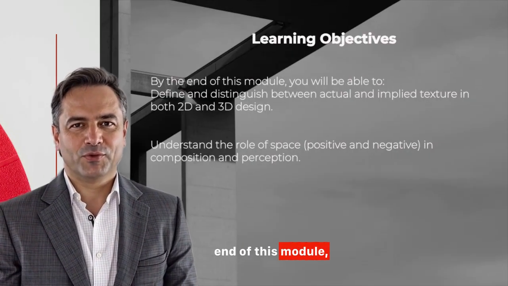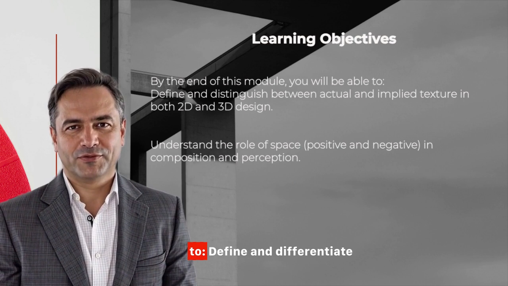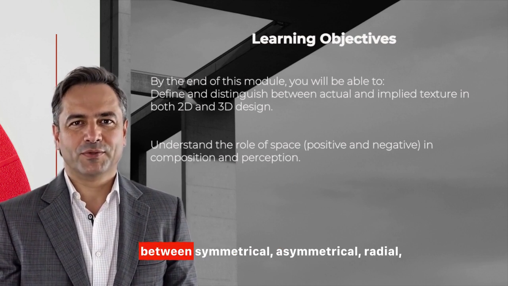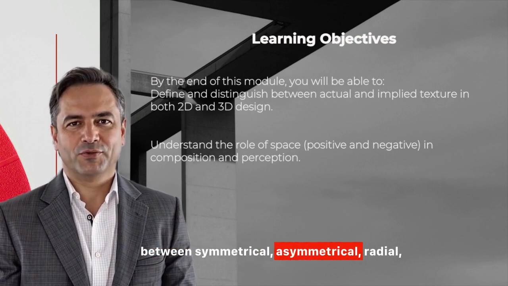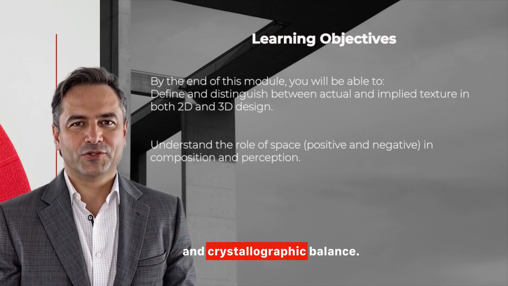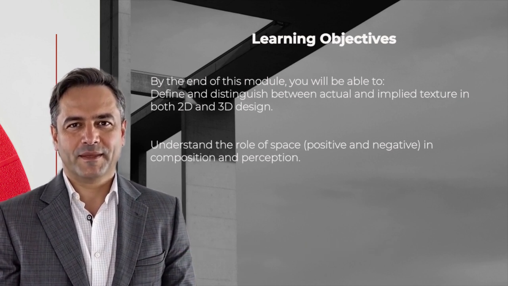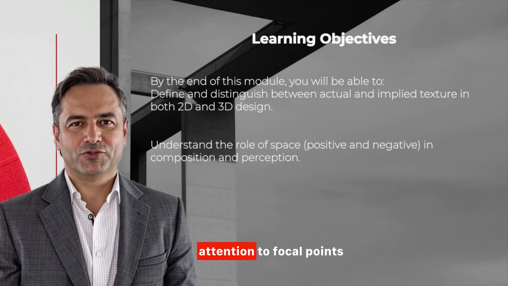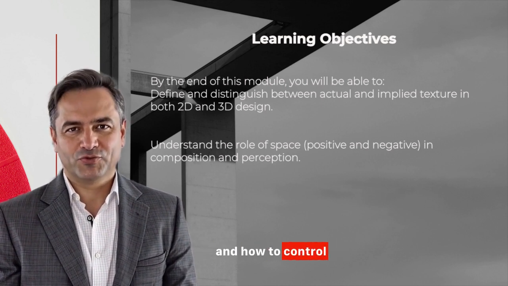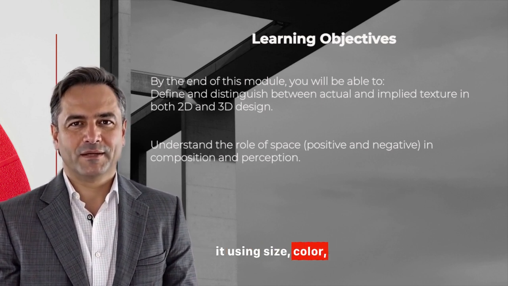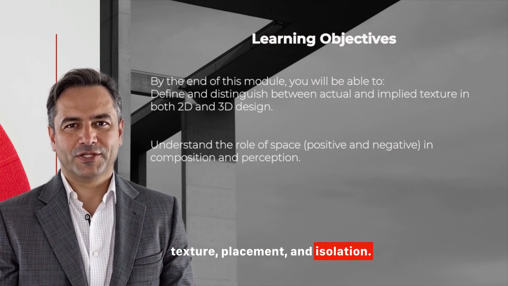By the end of this module, you will be able to define and differentiate between symmetrical, asymmetrical, radial, and crystallographic balance. Understand how emphasis draws attention to focal points and how to control it using size, color, texture, placement, and isolation.